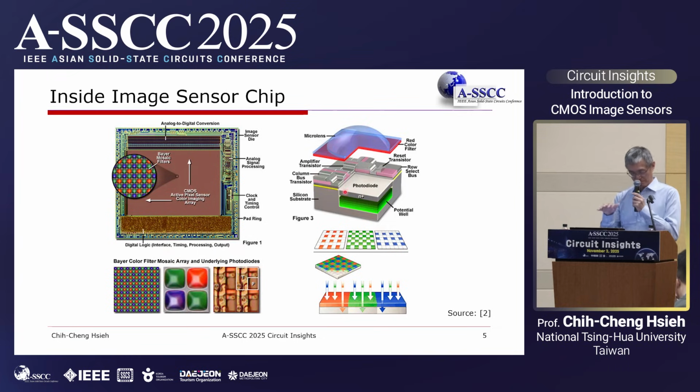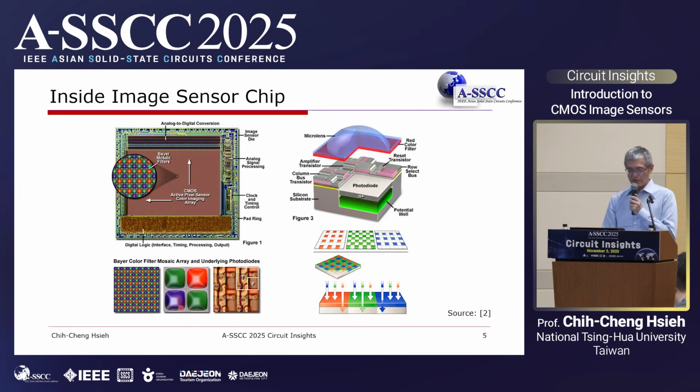When we take a closer look into the pixel structure, at the very top there is a micro lens. We say it's a micro lens because it's very tiny, usually on the order of micrometers. The purpose of the micro lens is equal to the lens: it bends the light to focus and project all the light energy onto the surface of the photodiode. Beneath the micro lens there is a color filter.